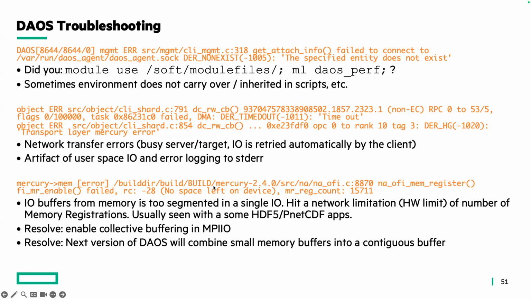Basically, you are hitting a network limitation on the number of buffers you're sending at the same time. This is common with some HDF5 NetCDF apps, very few. And what basically you need to do to get around this issue is just enable collective buffering, and it usually resolves that problem. The next version of DAOS will actually do some optimization to avoid that problem. So that's something you can see in this scenario.